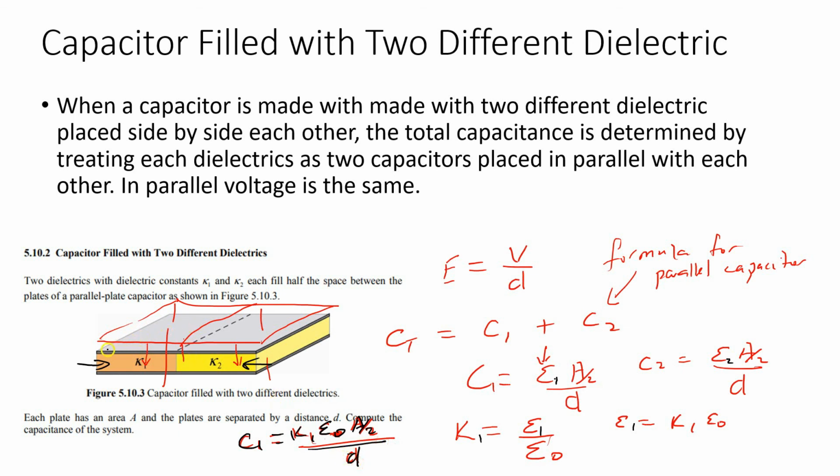Because imagine that this is the entire area A. But if you divide it in half, then this capacitor now has an area of A divided by 2. So that's why you see we have A divided by 2 here. And similarly for this capacitor, C2, you would do the same procedure to find that capacitance.